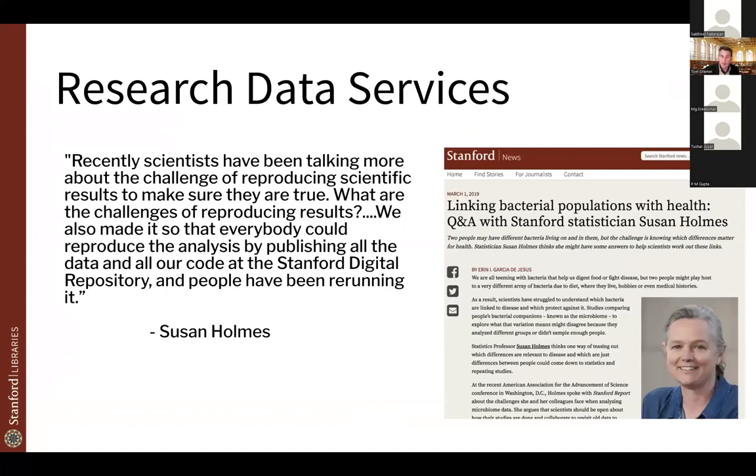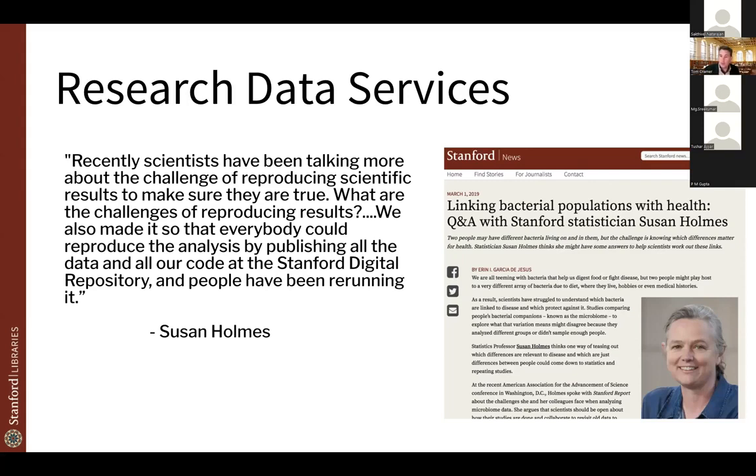Now, libraries have been collecting data that's been used in research for decades, especially in the social sciences. We have decades of materials like old censuses, statistical analysis, those types of surveys. And so it's a relatively mature function. We've also been doing it with geospatial data for almost 2 decades at this point.